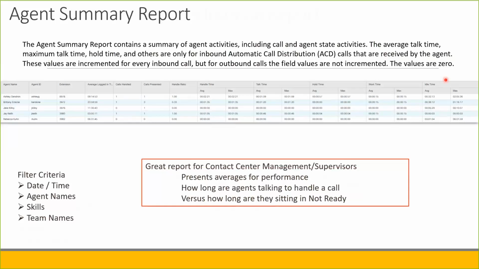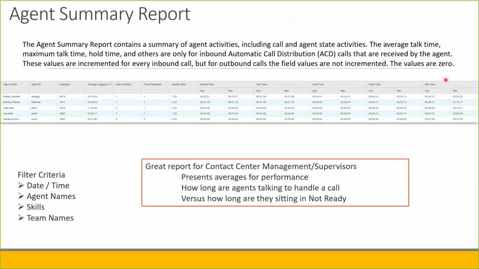But really, you can take into consideration, how long should lunch take? How long should breaks take, and what is the average of that, and is there something outside of that I need to be aware of? Is there an anomaly here? Are they spending more time in idle than they should be?